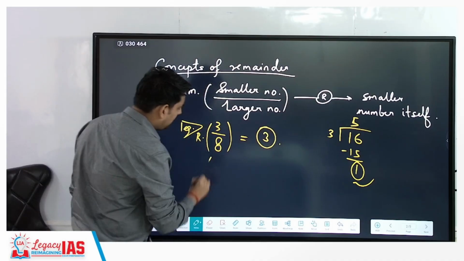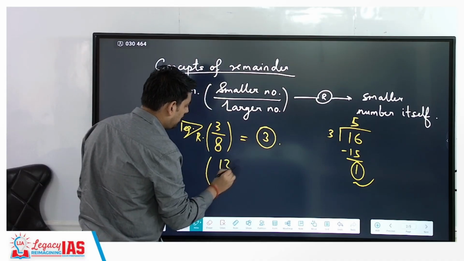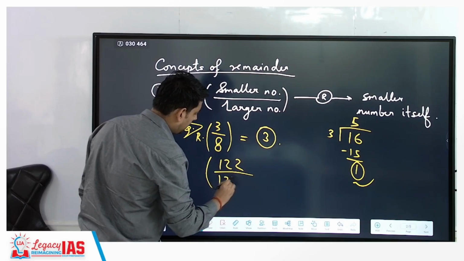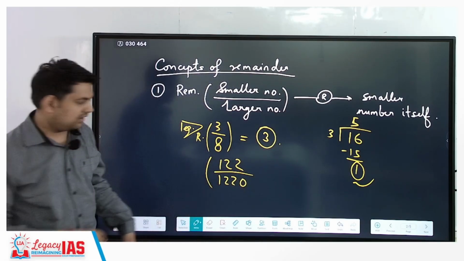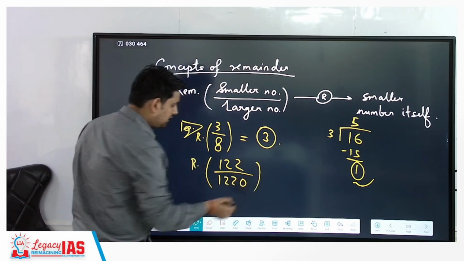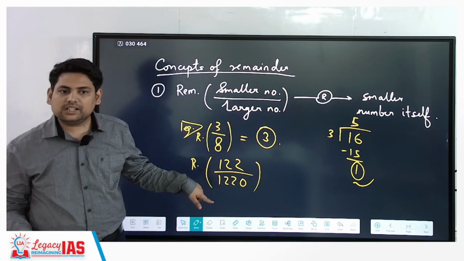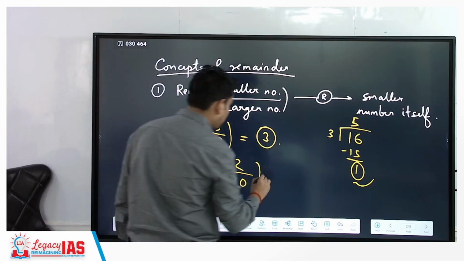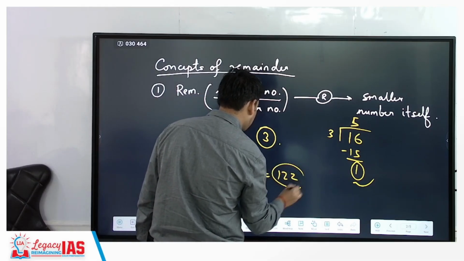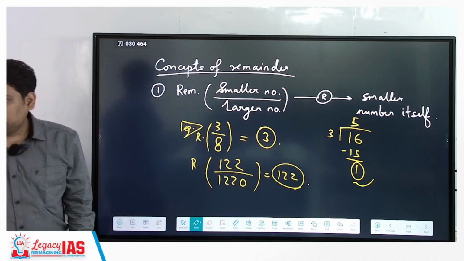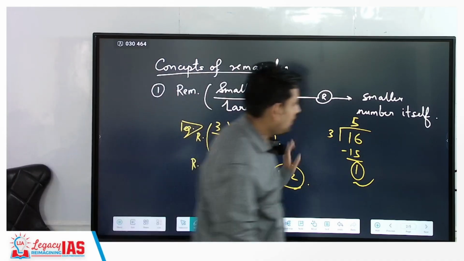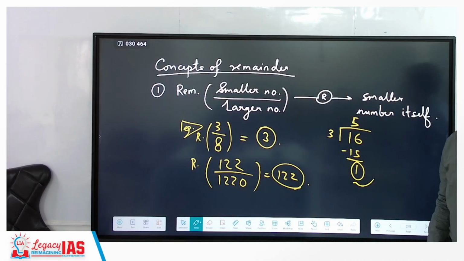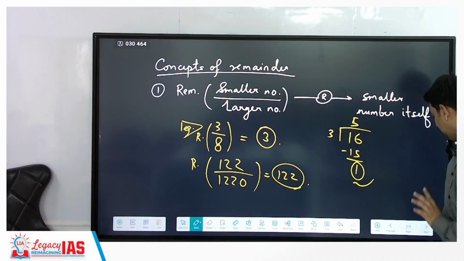Any number you take, let's say 122 and 1220. You may feel that it is directly getting divided, but because it's a smaller number being divided by a larger number, the remainder would be 122. Understood? Anytime a smaller number is divided by a larger number, the smaller number itself is the remainder. So the first concept is this.